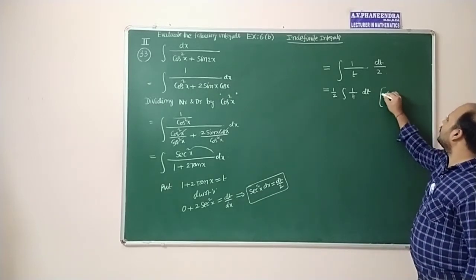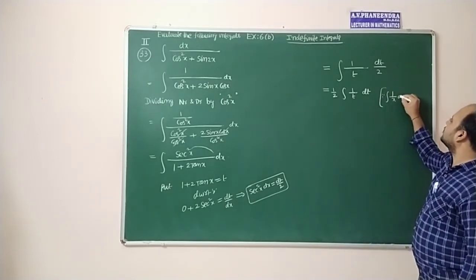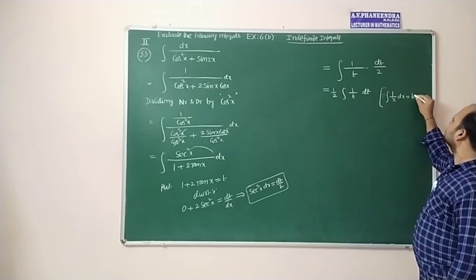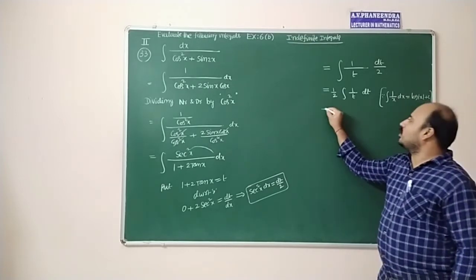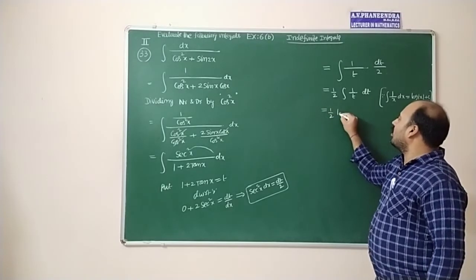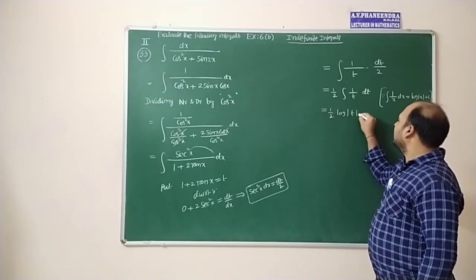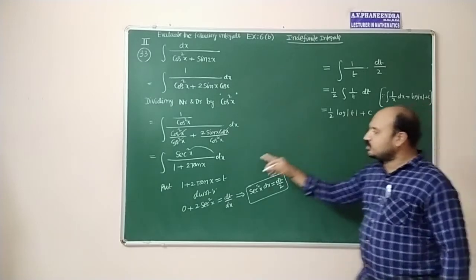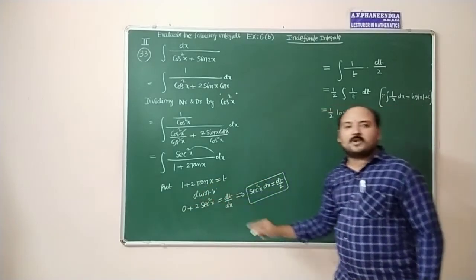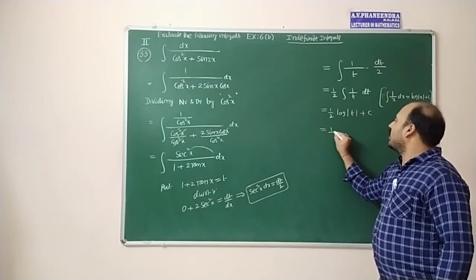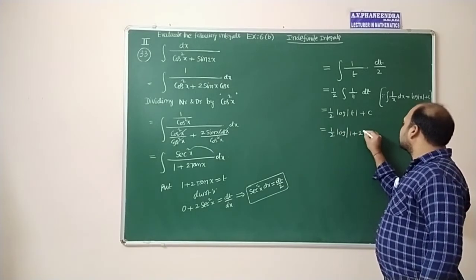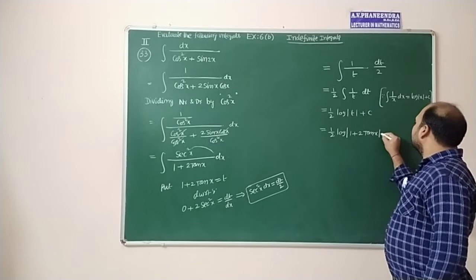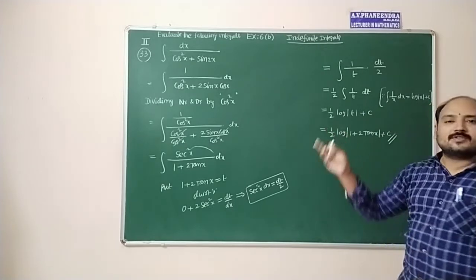Once again I am writing the formula: integral 1 by x dx is equal to log mod x plus c, which is equal to 1 by 2 into log mod t plus c. Now in place of t substitute what we assumed, 1 plus 2 tan x. So 1 by 2 into log mod 1 plus 2 tan x plus c. Like this you have to do the sum.